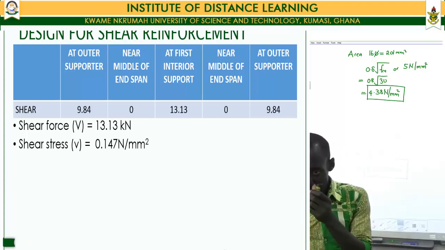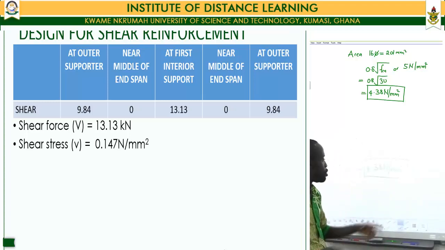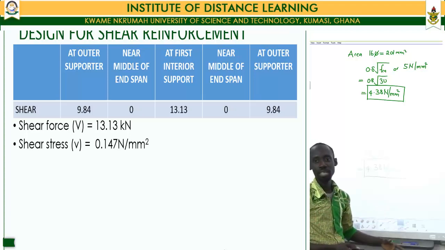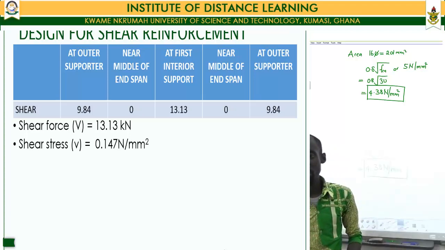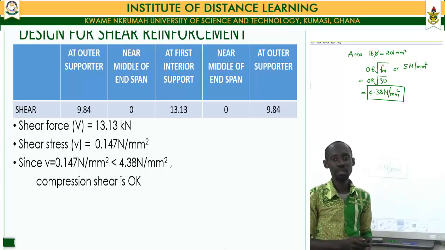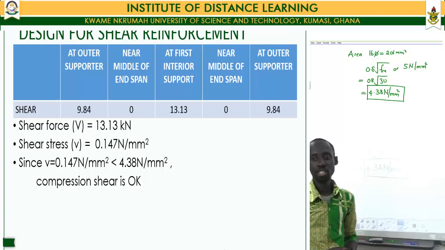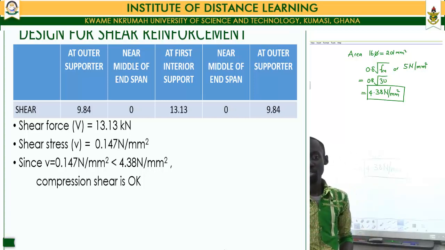Now, comparing our shear stress to our limiting value, we realize that our shear stress falls far below our limiting value, in which case our beam is adequate against compression shear. So then we move ahead and say that since our shear stress value being equal to 0.146 is less than 4.38 newtons per millimeter squared, compression shear is okay.